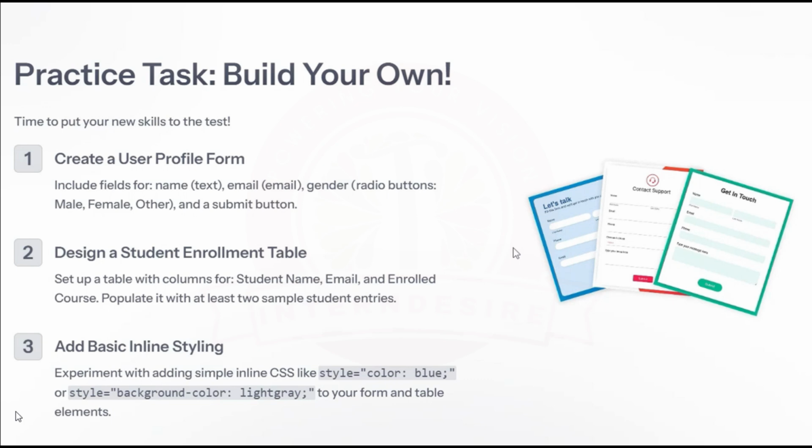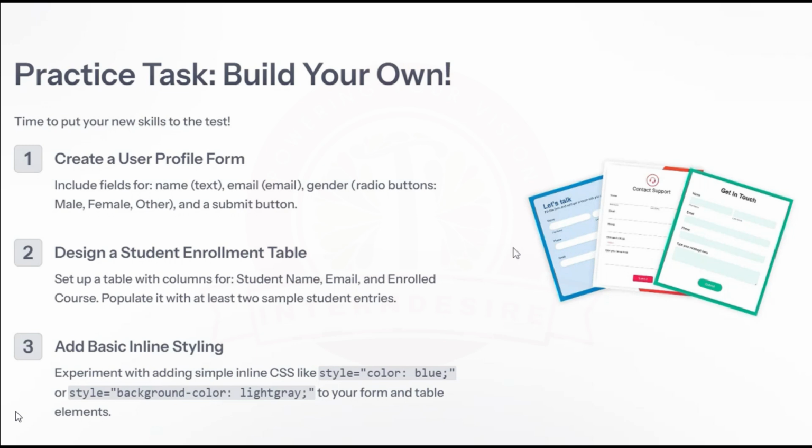Create a user profile form, including fields for name, email, gender, and a submit button. Design a student enrollment table. Set up a table with columns for student name, email, and enrolled course, and populate it with at least 2 sample entries.